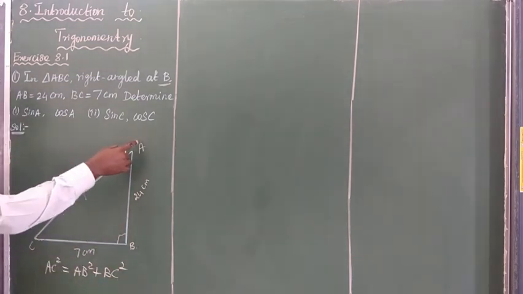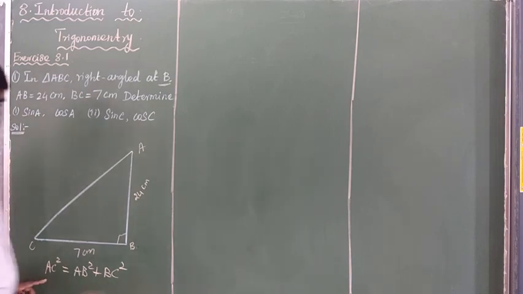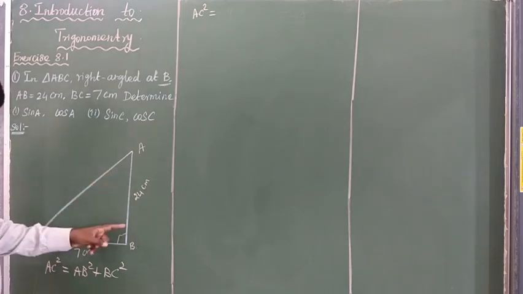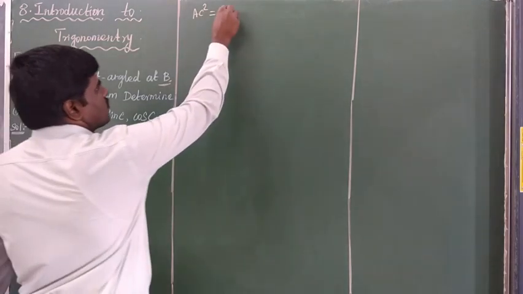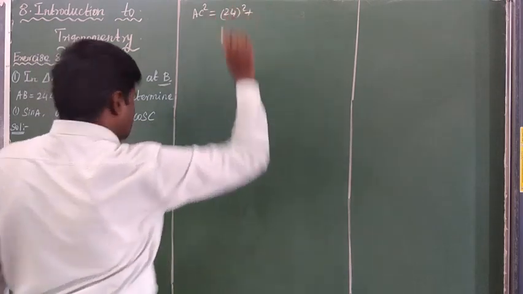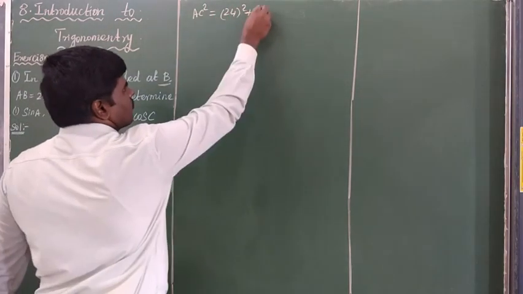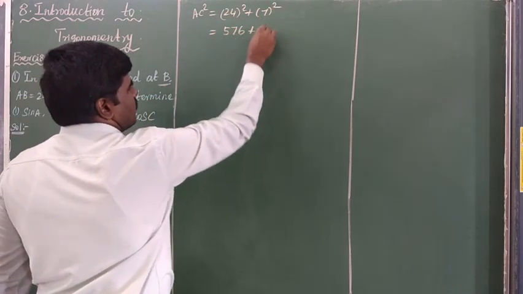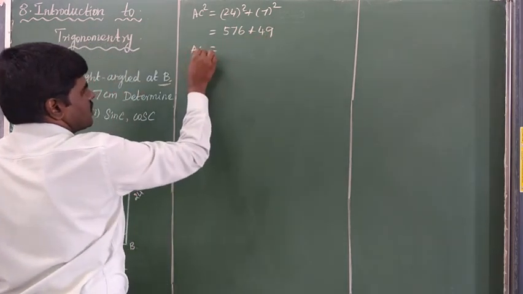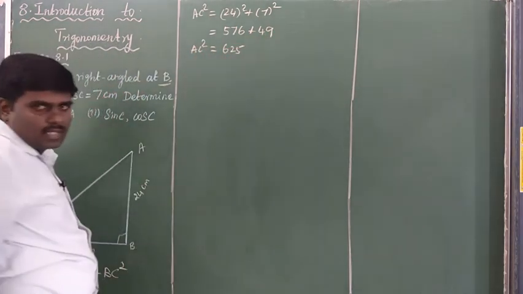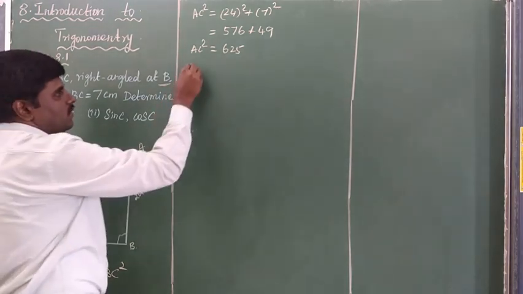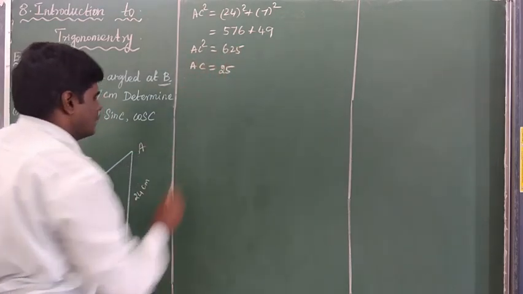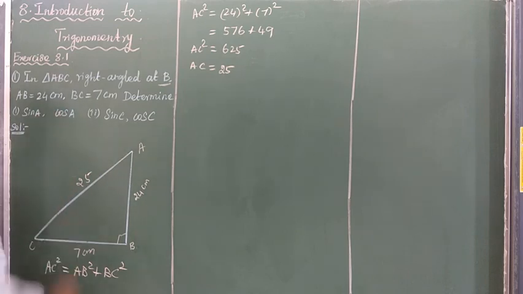AC square is equal to 24 square plus 7 square, that is 576 plus 49, so AC square is equal to 625. Is that clear? Now we take the square root, so AC is equal to the square root of 625, which is 25. That means AC is equal to 25.